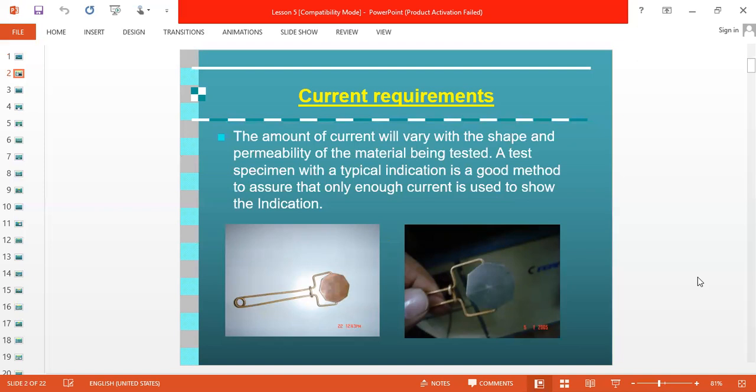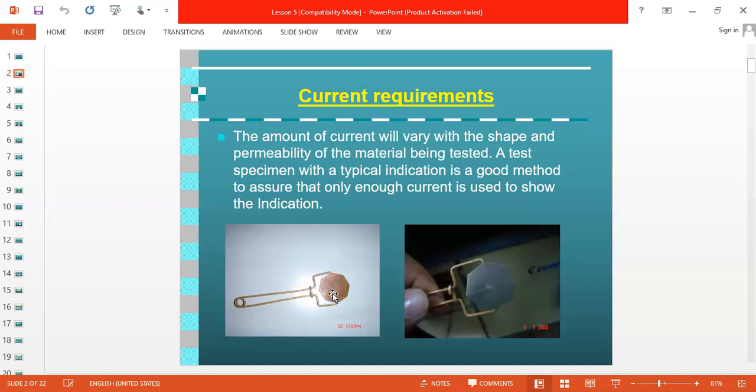Here this is the pie gauge, and in this pie gauge there are artificial crack lines. If you calculate the current and set the current as required per the calculation, then we keep this pie gauge on the job and apply the current.